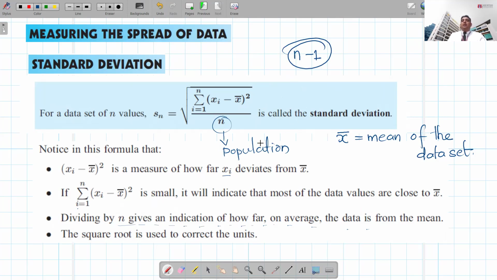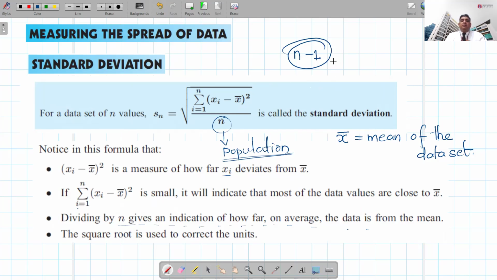If we are dealing with population, we use n. If we are dealing with the sample size, we use n minus 1. That is the key factor you need to remember before understanding the formula for standard deviation.